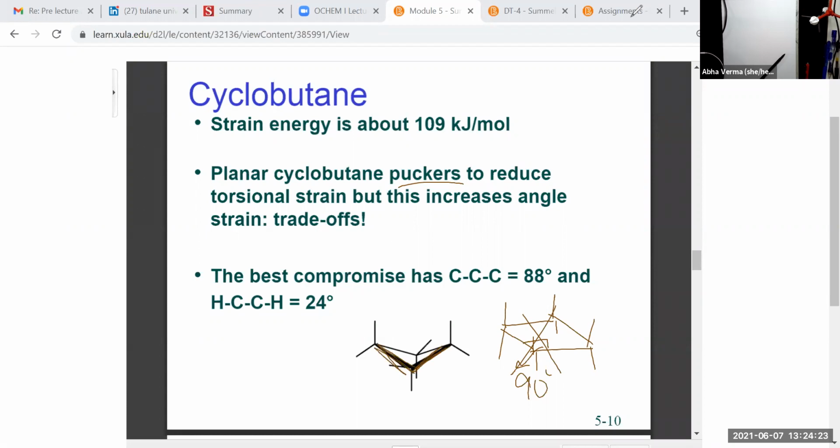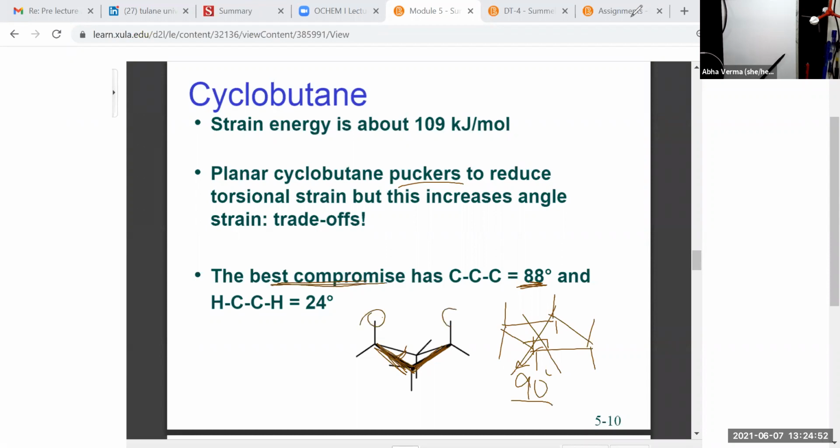So it's deviating from its flat planar nature. It is getting a puckered shape. The only problem is that from 90, it reduces to 88. The bond angle even further reduces. Okay, it's not very helpful for angle strain, but now it has a little less torsional strain.